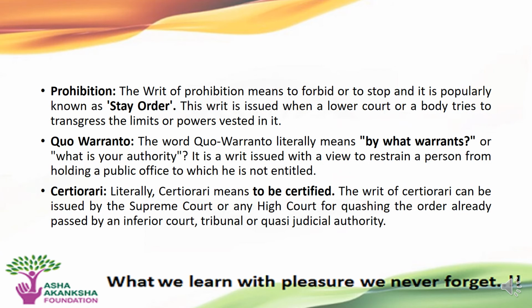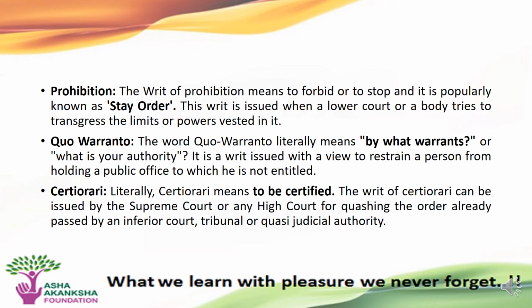The next writ is prohibition. The writ of prohibition means to forbid or to stop, and it is popularly known as a stay order. This writ is issued when a lower court or a body tries to exceed the limits of power vested in it.